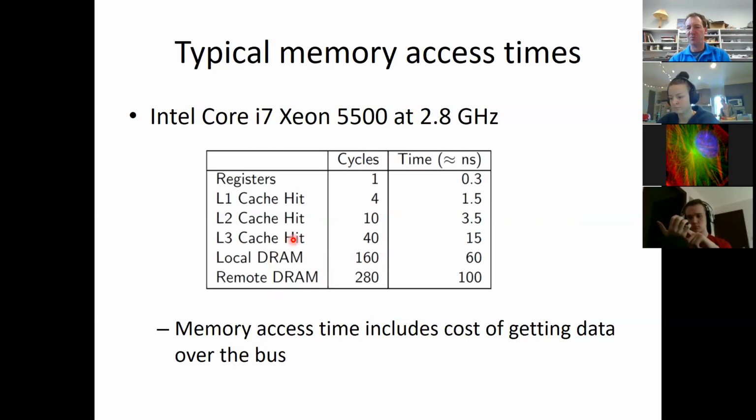Now, these memory access times include the cost of getting the data over the bus, so you don't have to worry about the bus speed. The buses are broad enough that within this number of clock cycles, you get the data in.